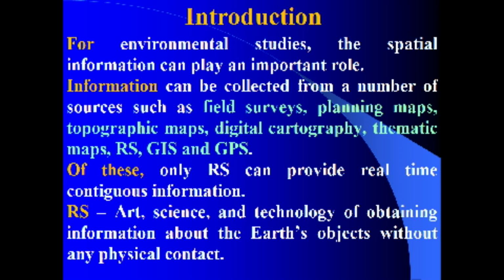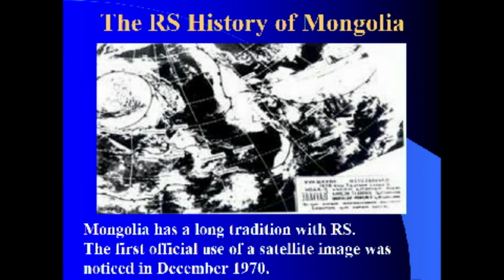In general, remote sensing can be defined as the art, science, and technology of obtaining information about the Earth's objects without any physical contact. Mongolia has a long history with remote sensing applications, and the first official use was registered in December of 1970.